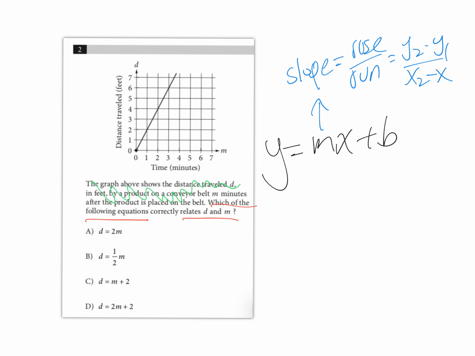On the other hand, b is your y-intercept, where your graph crosses the y-axis and the x value is always 0.